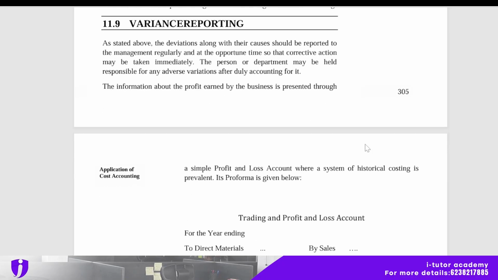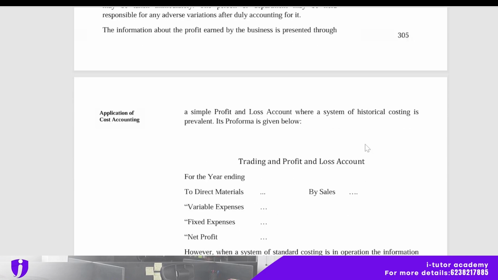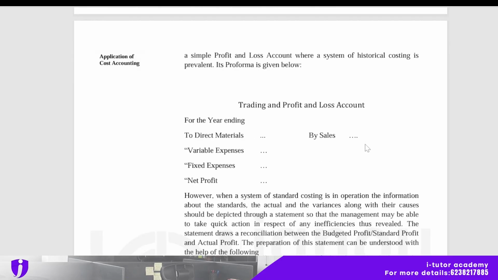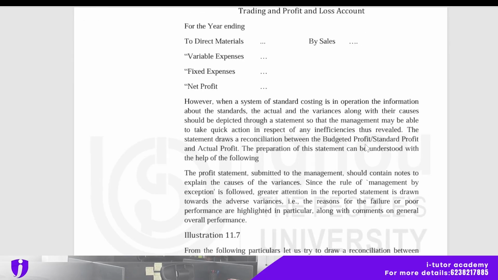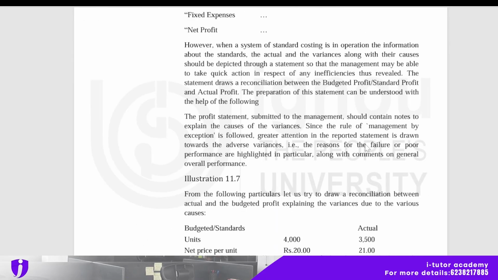The information about the profit earned by the business is presented through a simple profit and loss account where a system of historical costing is prevalent. However, when a system of standard costing is in operation, the information about the standard, the actual and the variance along with their causes should be depicted through a statement so that the management may be able to take quick action in respect of any inefficiencies thus revealed.